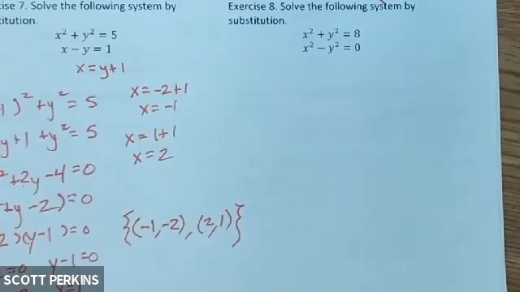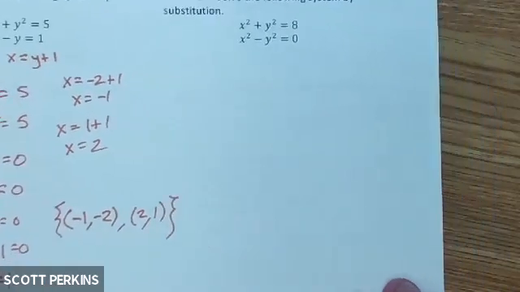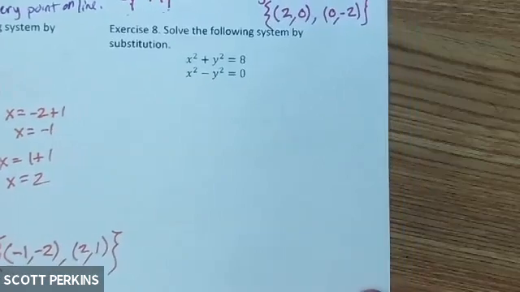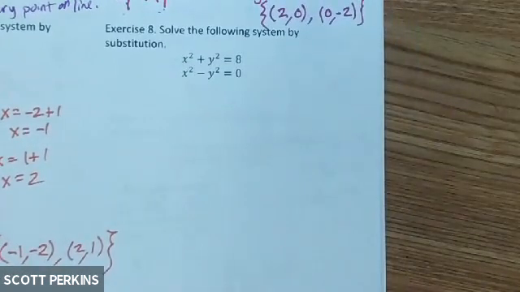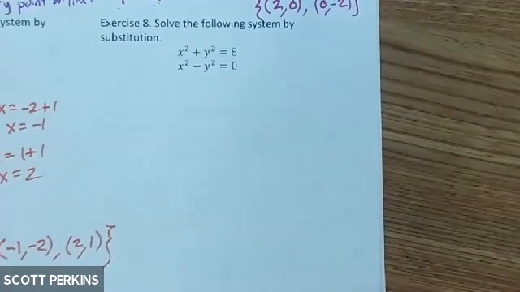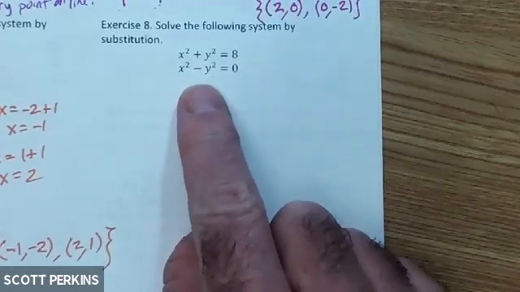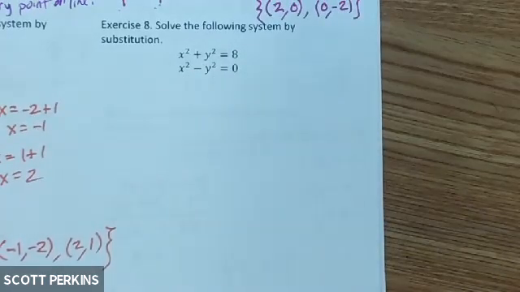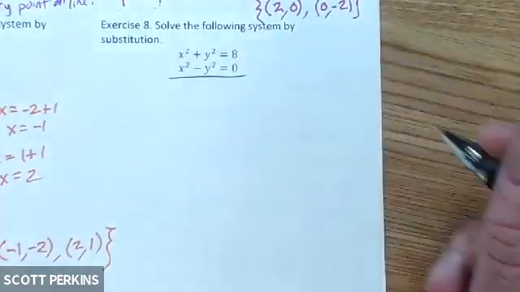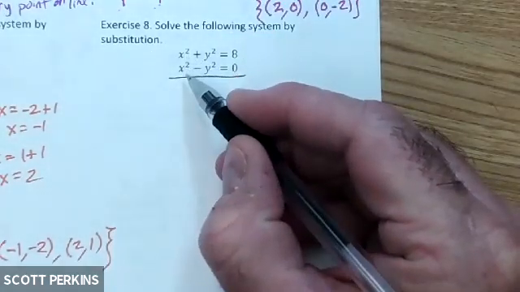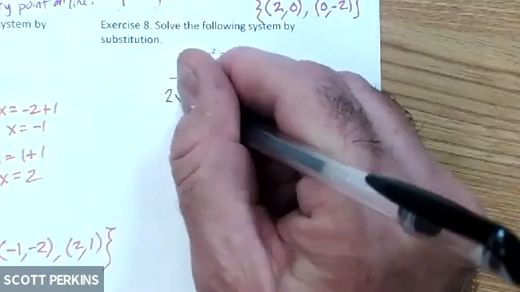Any others? All right, the last problem for this section then. My instruction says to do this by substitution, but this one is also set up in the format that you could actually eliminate if you wanted to. So notice if I just add these two equations together, x squared and x squared is 2x squared.